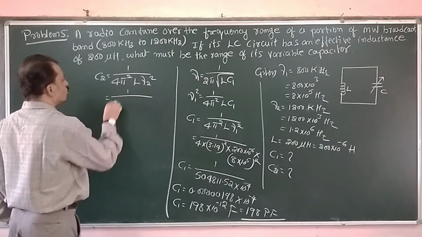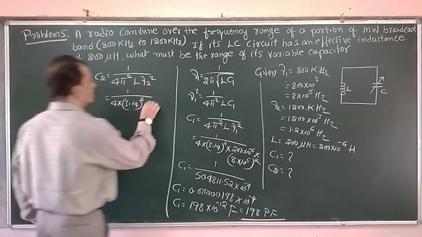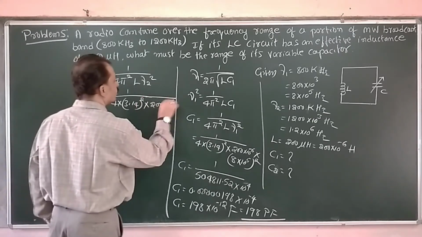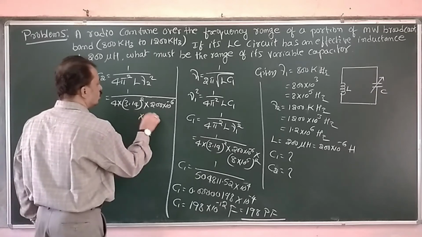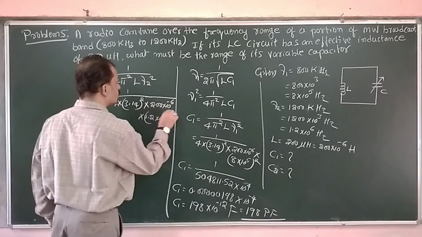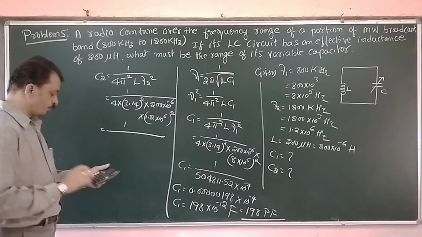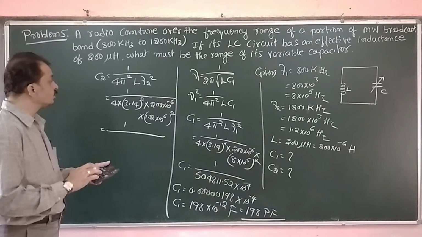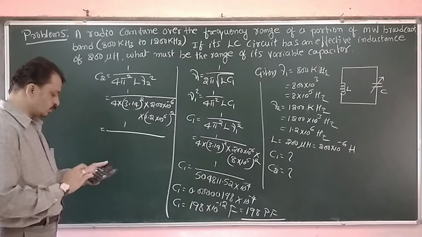So 1 divided by 4 into 3.14 whole square. L is 200 into 10 to the power of minus 6, and frequency 1.2 into 10 to the power of 6 whole square. If I simplify this, I will get 4 into 3.14 into 3.14 into 200 into 1.2 into 1.2.